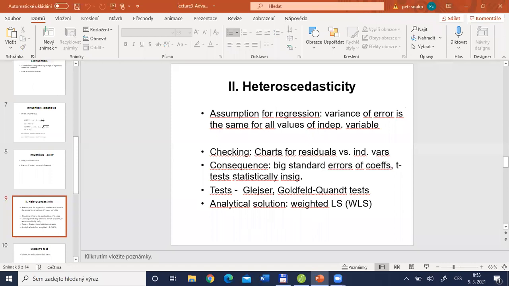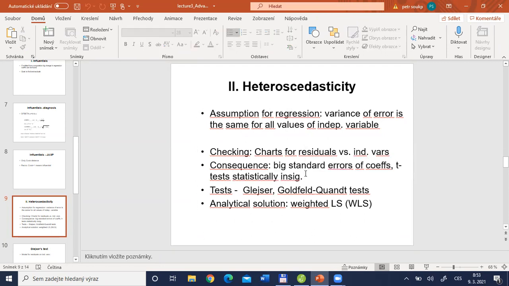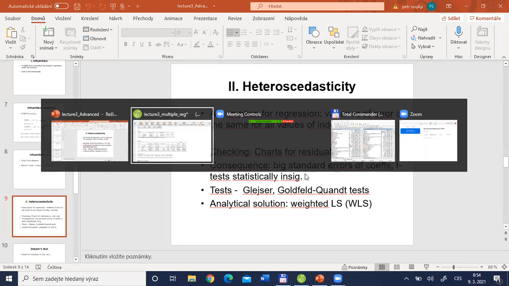So it can happen that our tests are statistically insignificant, not because we have a small sample or unreliable data, but because we have heteroskedasticity in my data. And last, what we would cover in this heteroskedasticity excursus is the possibility of how to test heteroskedasticity directly in real-life data.